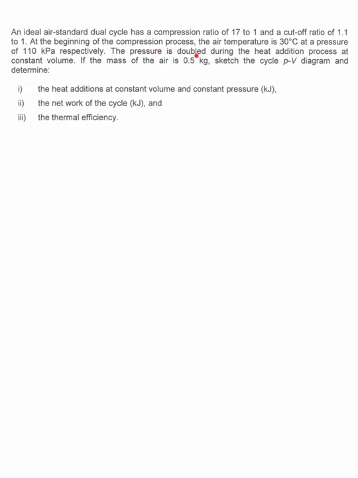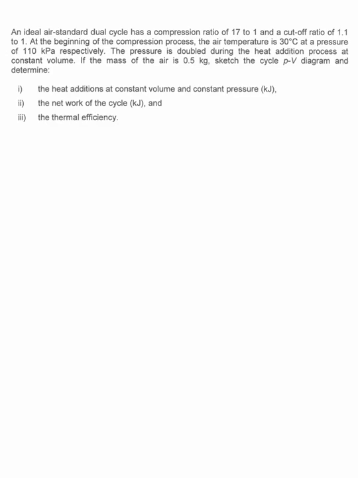The pressure is doubled during the heat addition process at constant volume. If the mass of the air is 0.5 kilos, sketch the cycle on a PV diagram, and you need to determine the heat addition at constant volume and also at constant pressure, the net work of the cycle, which is Q in minus your Q out, and the thermal efficiency.